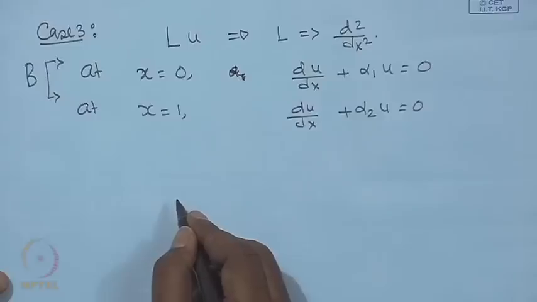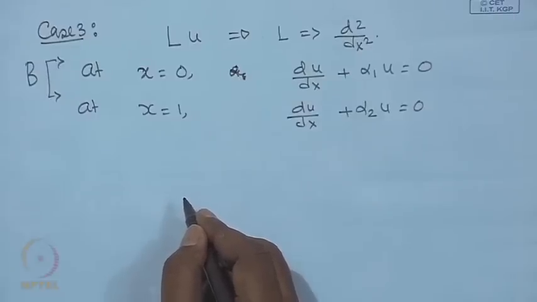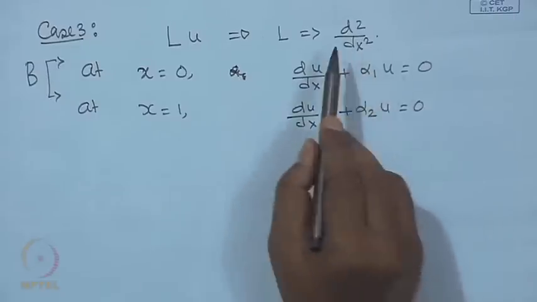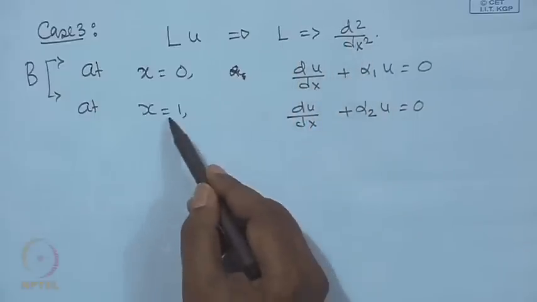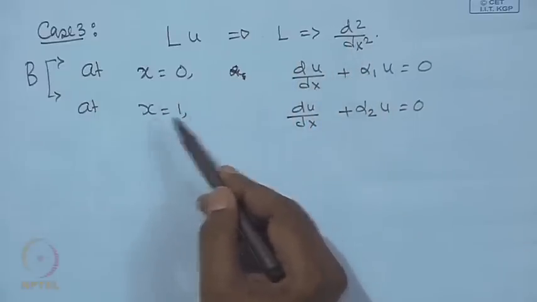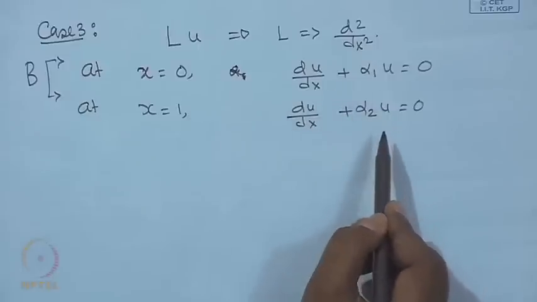In this case, we have kept the operator the same, but we have replaced the boundary conditions by Robin mixed boundary conditions.